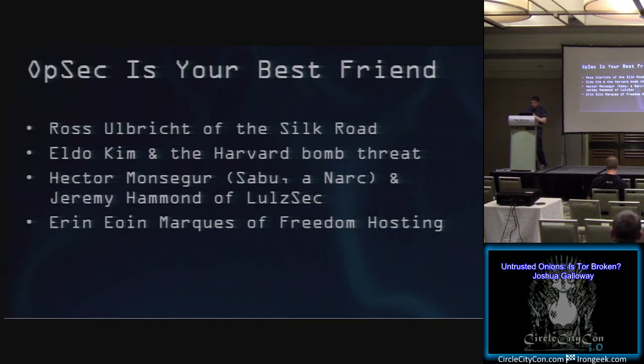Another famous case of an OPSEC failure leading to a Tor user being busted is Eric Eoin Marques. He ran something called Freedom Hosting, which was used to host a lot of child pornography. What he didn't do is he didn't update his Tor browser, so it was actually vulnerable to a known vulnerability. And the FBI was just able to compromise that.